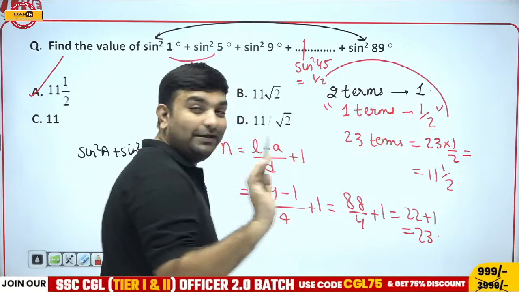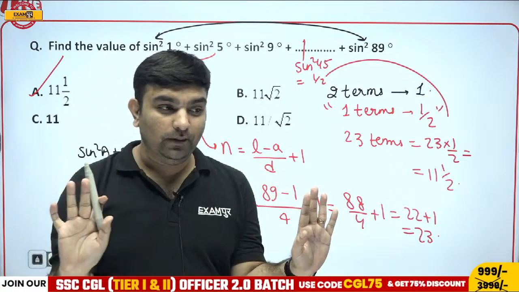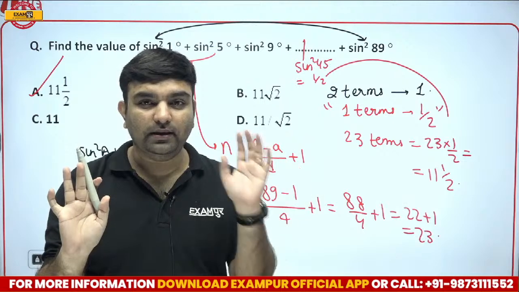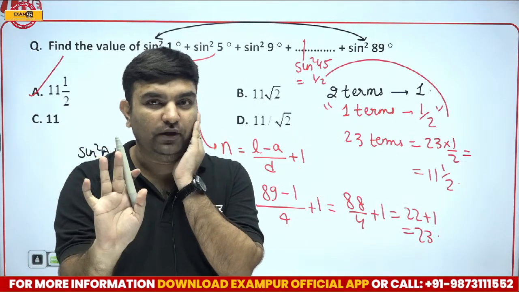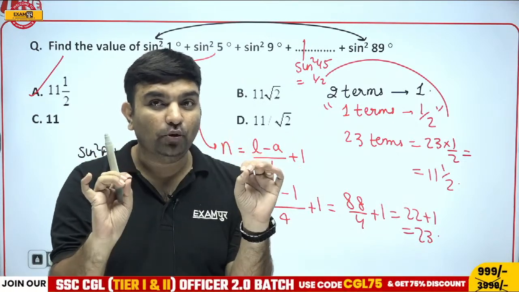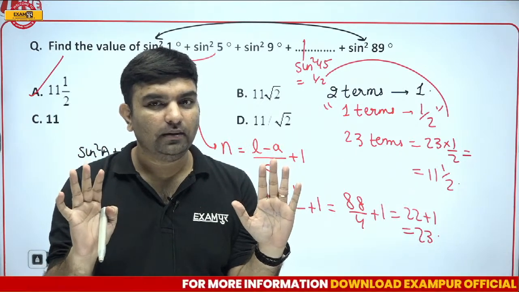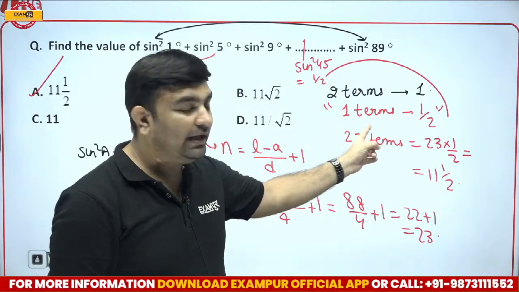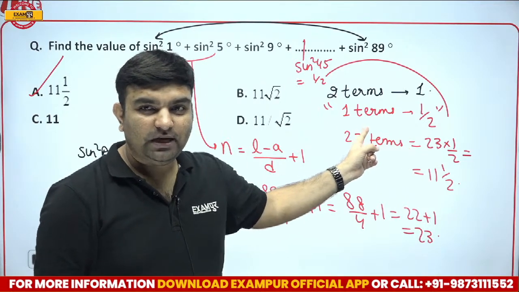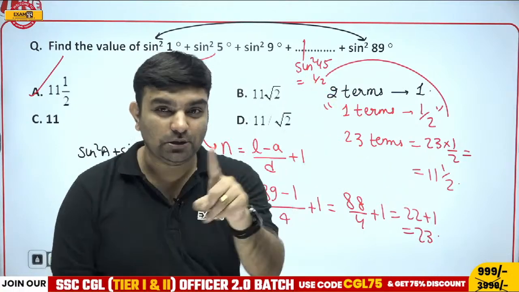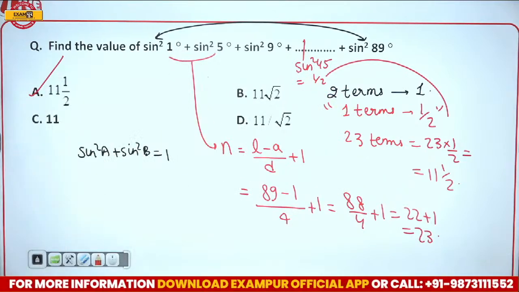So it is already included. Don't worry about sine 45. I know it's not in the pair, but we have already taken its consideration. For us, one term is equal to 1 by 2, and sine square 45 is also 1 by 2. Good one.